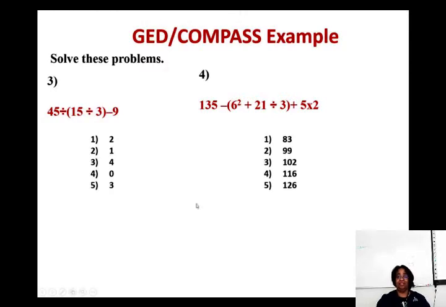So the problem is 135 minus, in parentheses, 6 to the second power, or 6 squared, plus 21 divided by 3, and all that's in parentheses. And then we have 5 times 2.